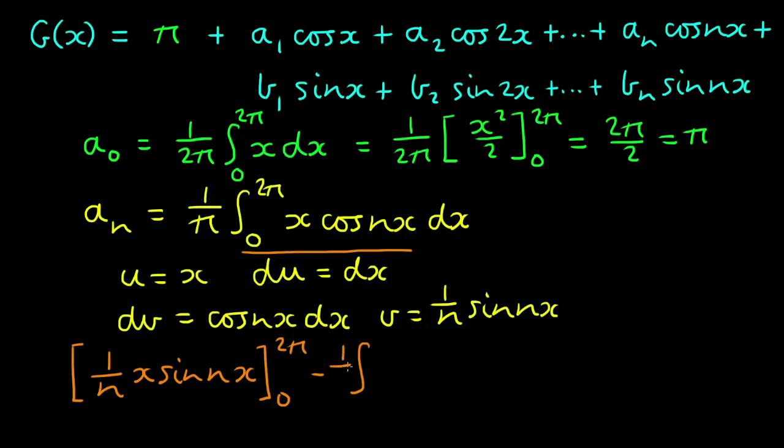So that would be 1 on n outside the integral, and we have sine nx integrated with respect to x from 0 to 2 pi.